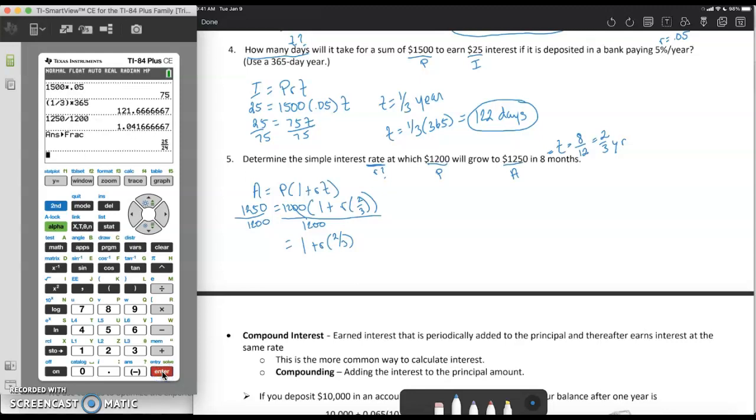That's 25 over 24, so that'll be better. The next thing I need to do is subtract 1. So 25 over 24, I'm just going to keep a running total for right now. Minus 1 gives me 1 over 24.